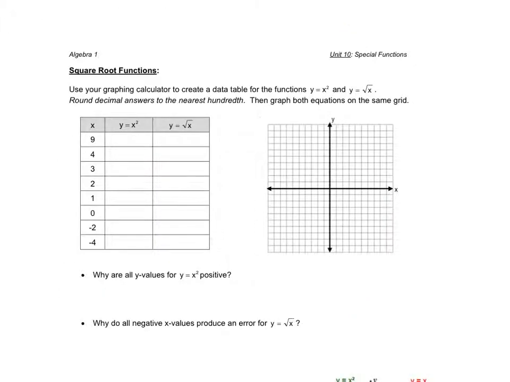All right, so it says use your graphing calculator to create a data table for these two particular functions, and we want to round our decimals to the nearest hundredth. Then I'll graph them both. I'm going to do it with the iPad because that's still not working.